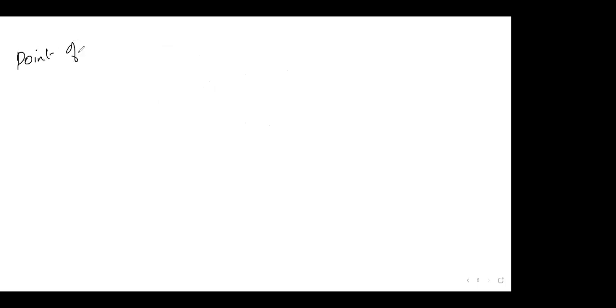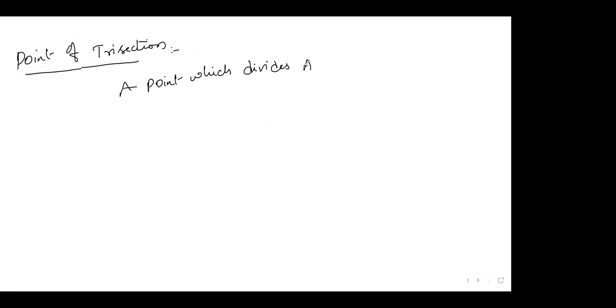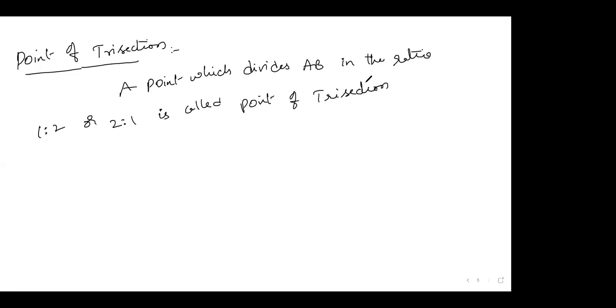That is nothing but point of trisection. A point which divides AB in the ratio 1:2 or 2:1 is called a point of trisection.